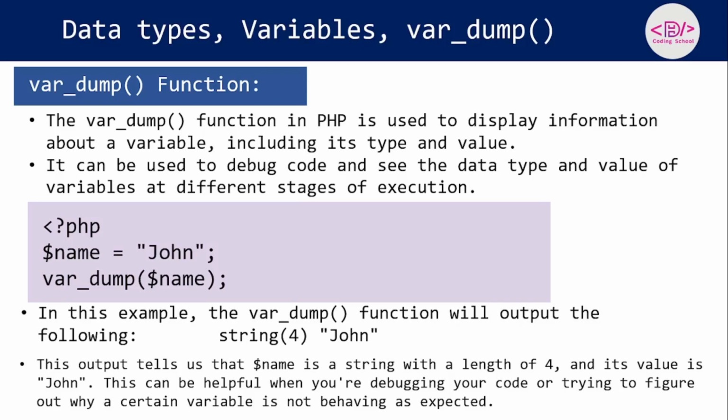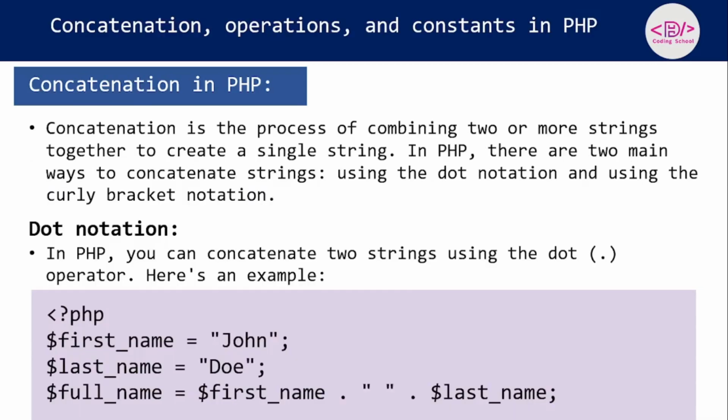Sometimes you do something and it is giving you different answers, so you want to know what you are dealing with here. You might be multiplying a string with a number. var_dump can give you more information about a variable, and help you debug it or understand what is happening with it.